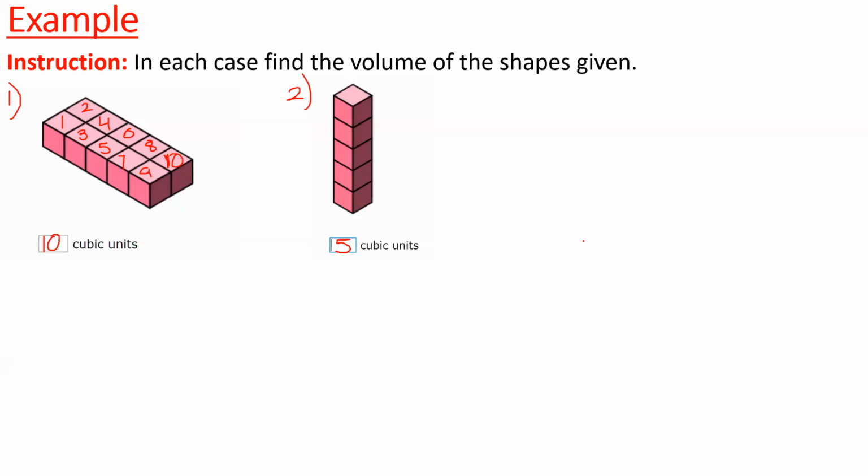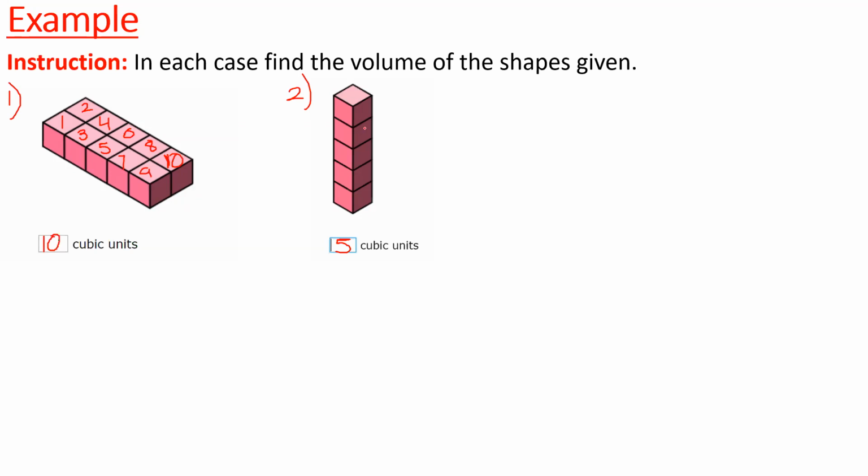Can you explain why it's 5 cubic units? Kaden, can you explain why it's 5 cubic units? Because when you count the blocks, it comes up to 5 cubic units.